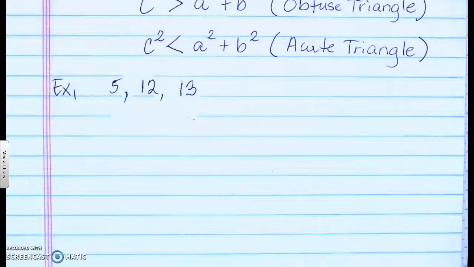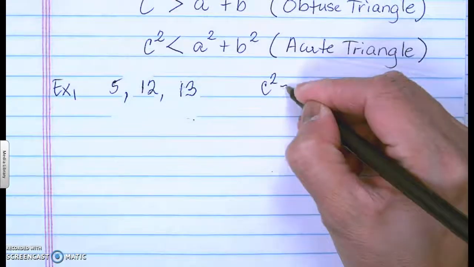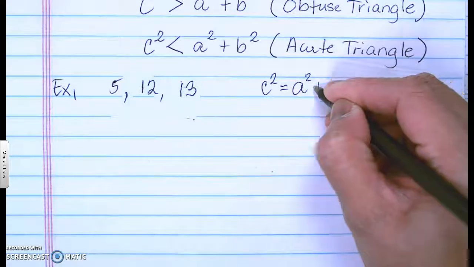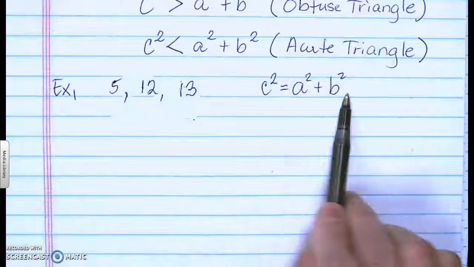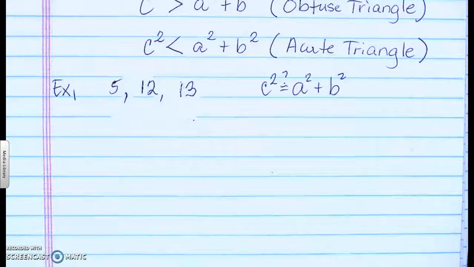The first set of sides that we're going to analyze are as follows: 5, 12, and 13. Are these sides going to give us a right triangle, an obtuse triangle, or acute triangle? Let's see. So let's do the c squared equals a squared plus b squared first. Let's assume that that's how it's going to be, although this is a question mark of whether it is greater than or less.